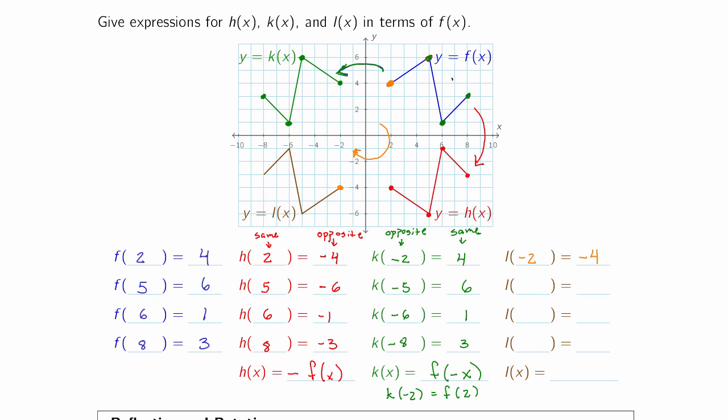The point 5, 6 comes around to the point -5, -6. The point 6, 1 comes around to the point -6, -1. The point 8, 3 comes around to the point -8, -3.